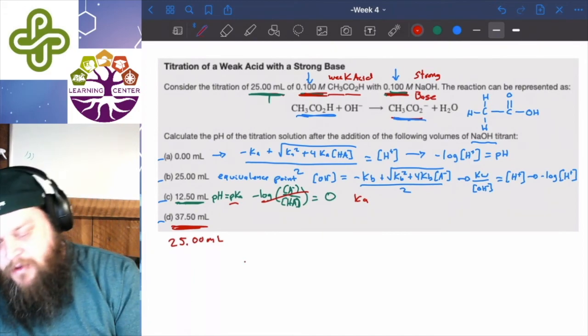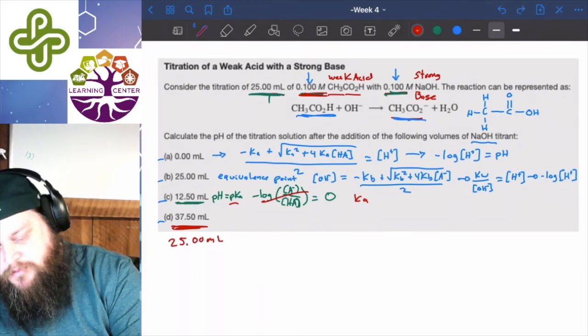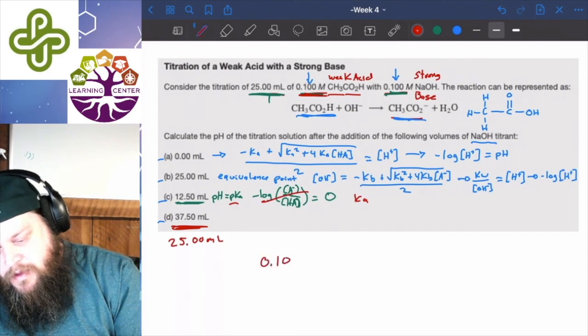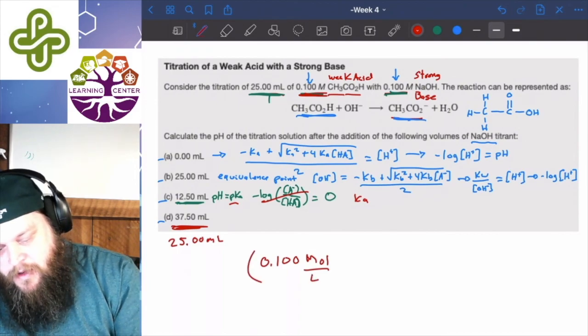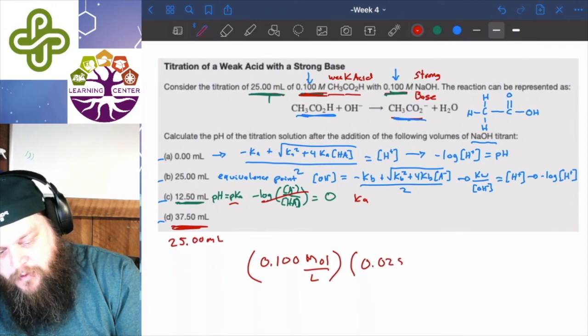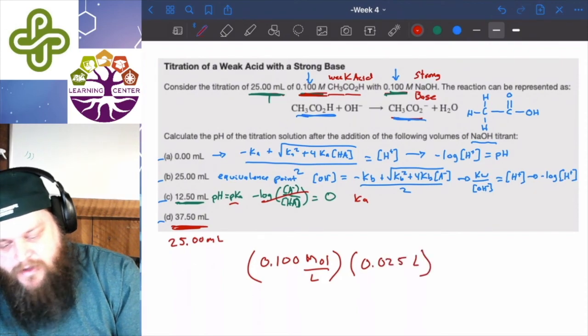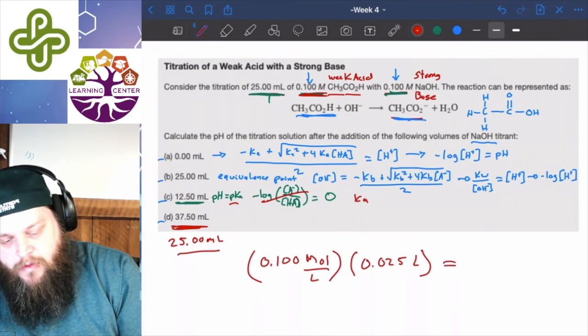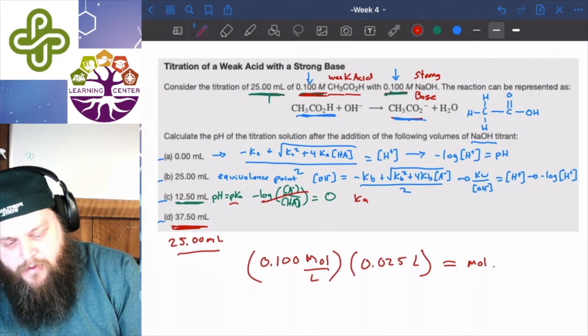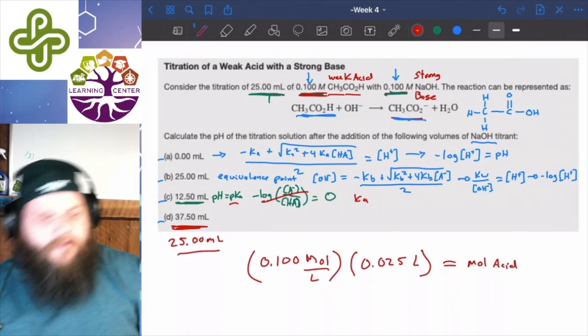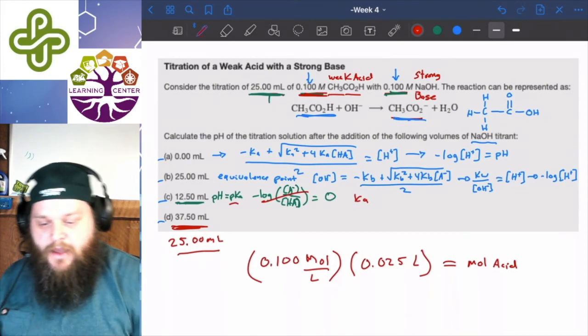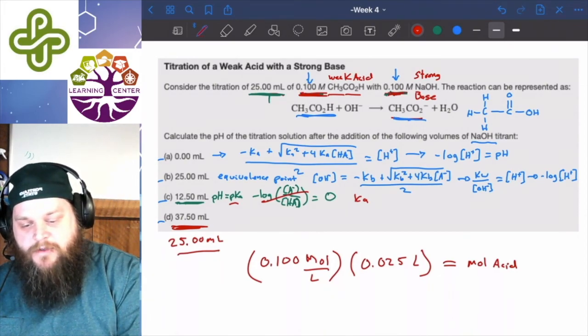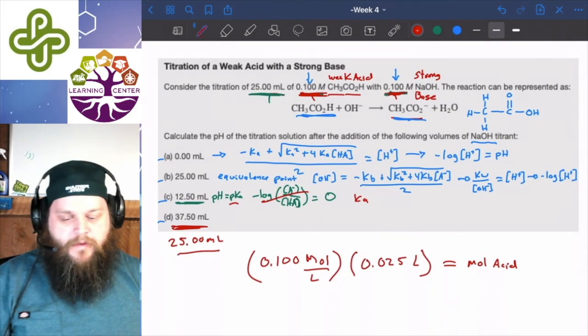Otherwise, what you'd want to do is take that 0.100 molar, which is moles per liter, and multiply it by 0.025 liters. This is just 25 milliliters converted to liters, and this will equal the number of moles of your acid originally. So you should always be working off those moles of acid unless they give you something easy where the concentrations are the same for both of those.